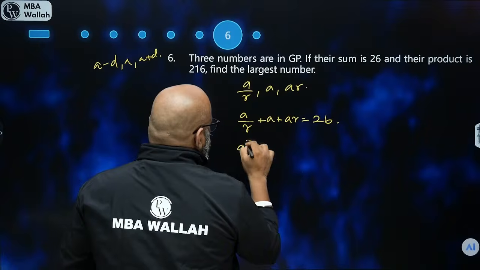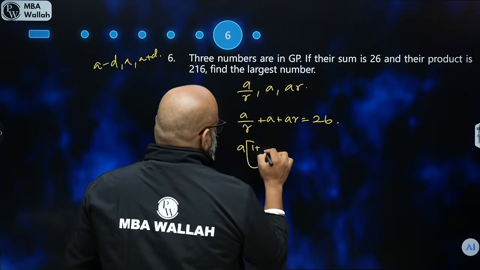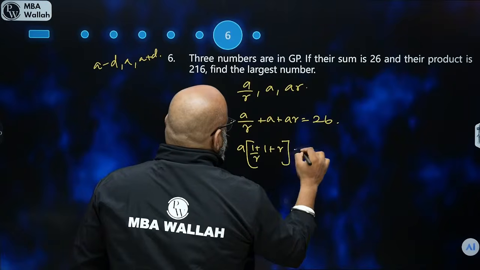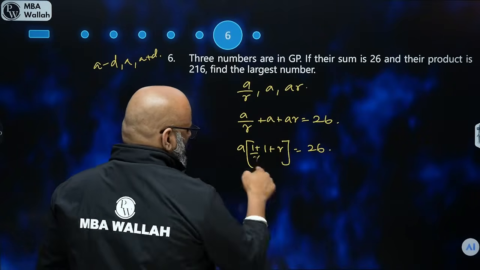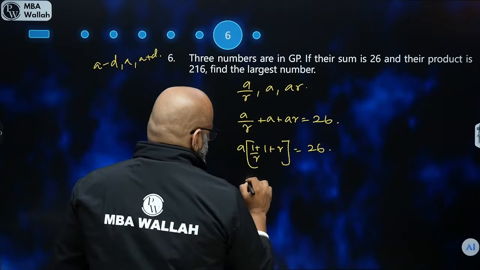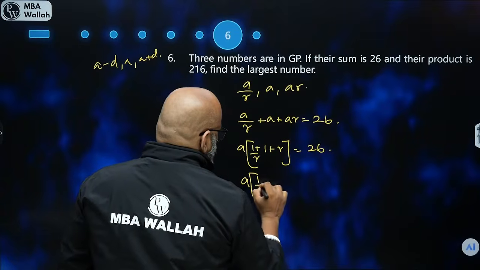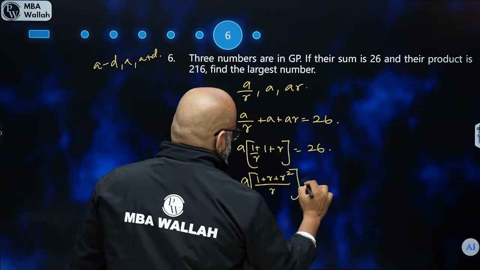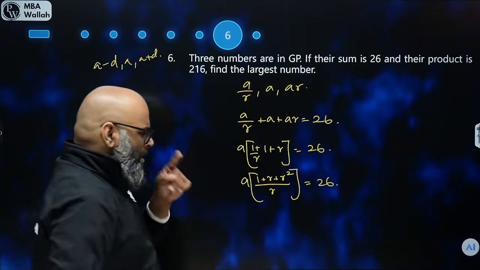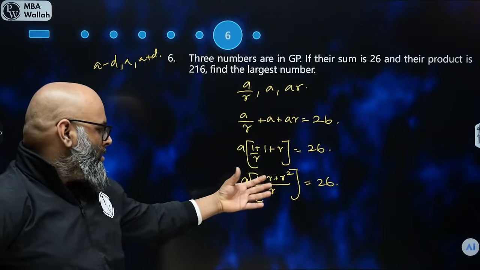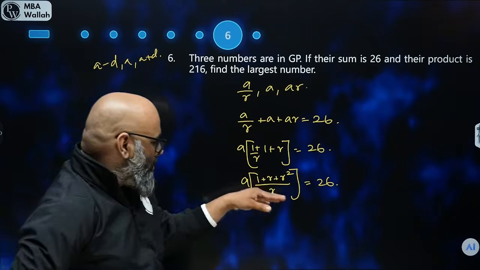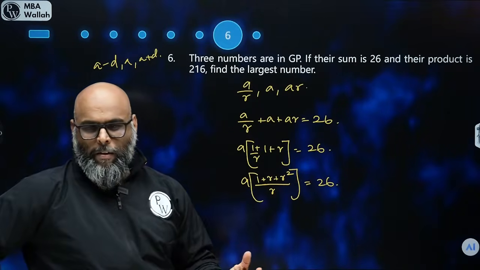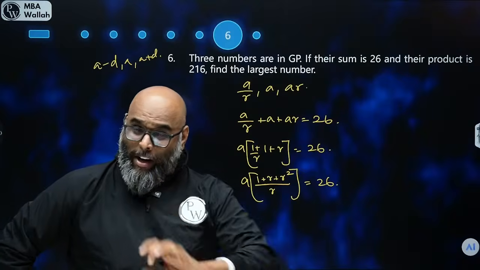So this will become A into 1 by R plus 1 plus R, which is A into 1 plus R square by R equal to 26. But then I think I'm doing a lot of things. I can cross multiply, but then I'm stuck with one equation and two variables, which is slightly inconvenient for us to solve.